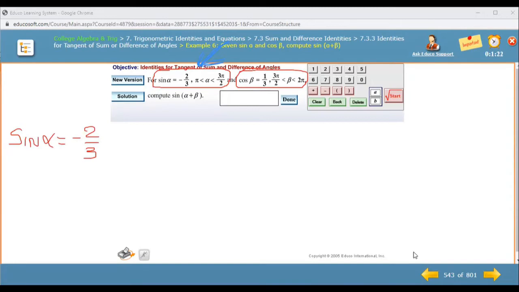Pi is 180 and 3 pi over 2 is 270. Between pi and 3 pi over 2, that means alpha is in third quadrant. The alpha is in third quadrant.